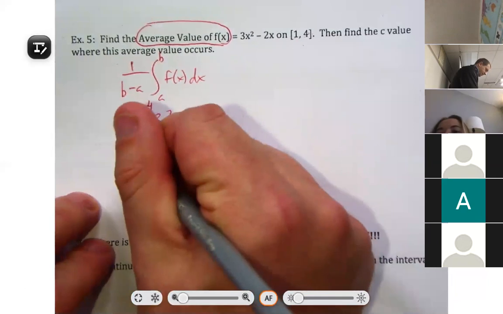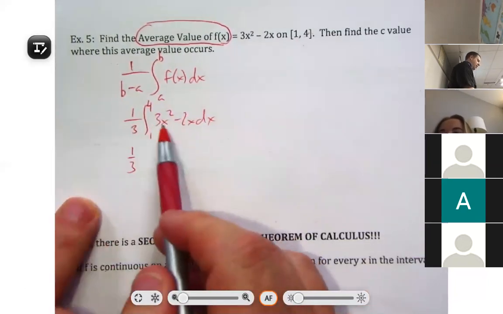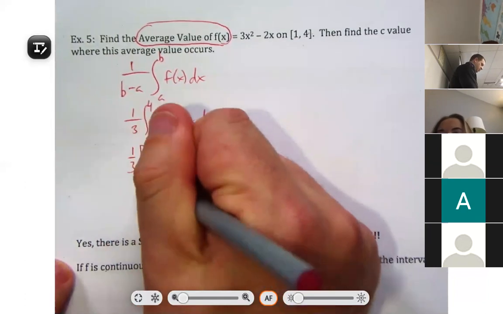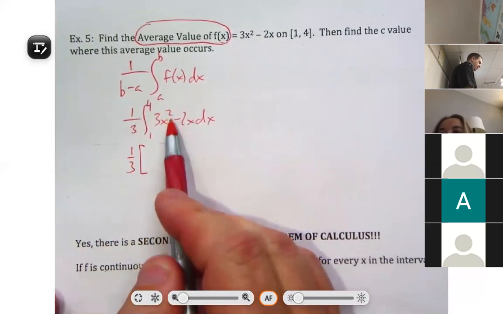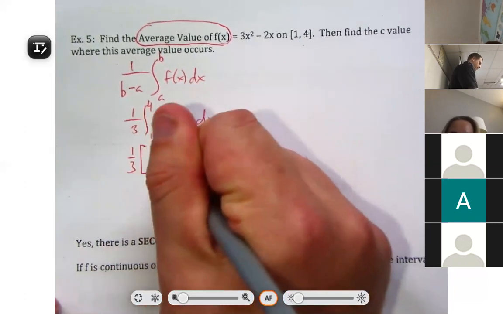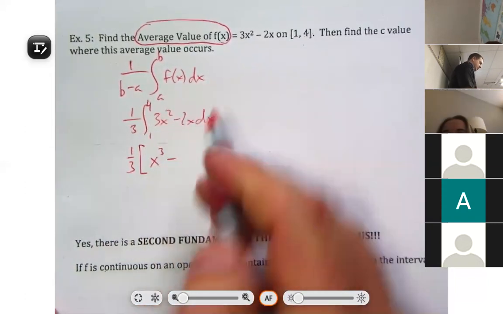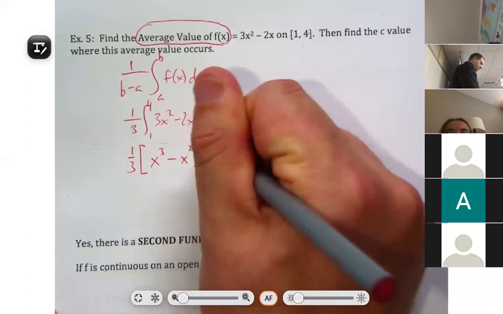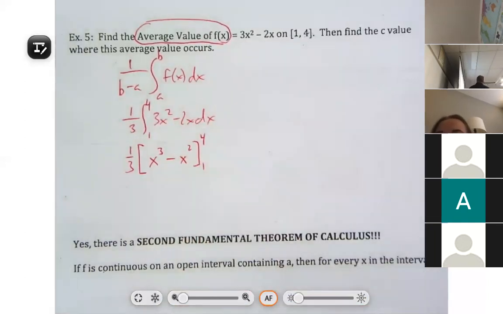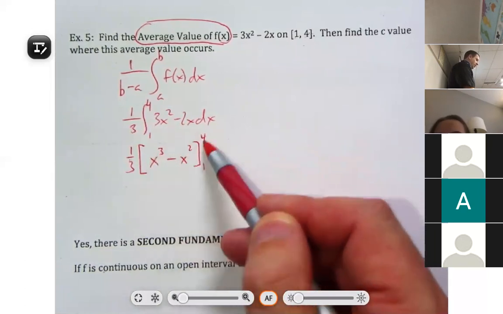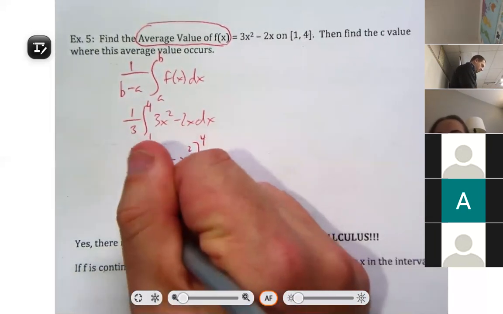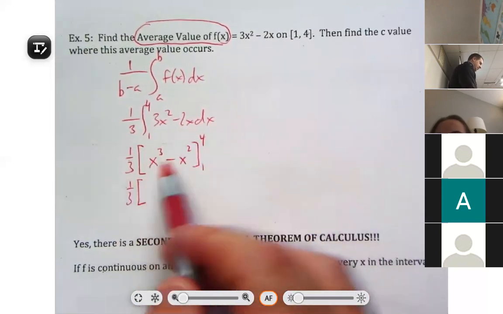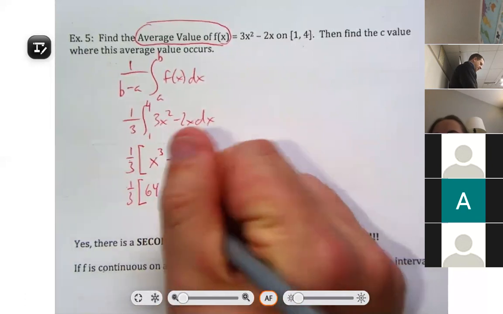So step 1, I'm going to integrate 3x squared minus 2x. That would be x cubed divided by 3, so just x cubed. And then minus x squared divided by 2, so x squared. And I'm just keeping that 1/3 out in front. Now I'm going to plug 4 in for both x's, the upper limit. So 4 cubed is 64 minus 16.